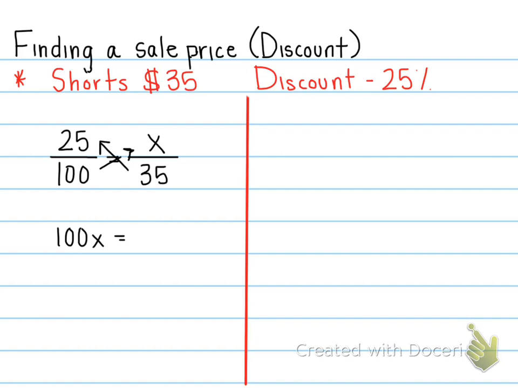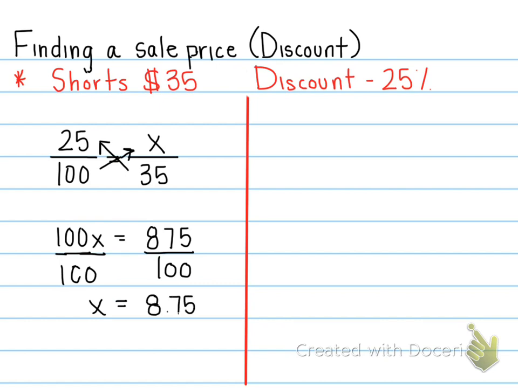And for ease of time today, to make your videos go faster, I'm going to be doing the math. So that's 875. Divide by 100. I get X equals 8.75.